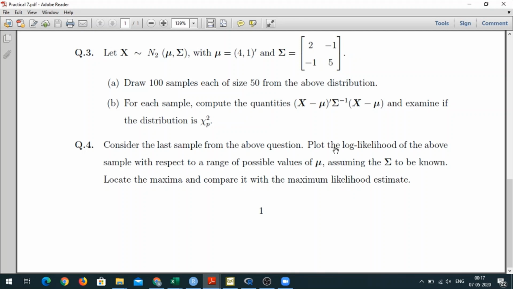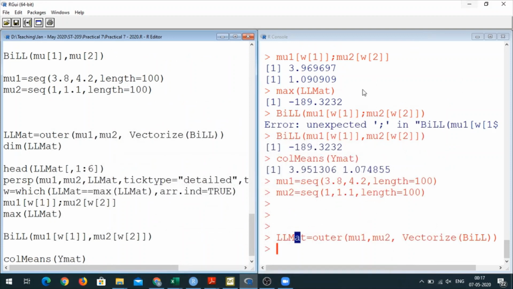I'm sending you the commands also, so you can have the commands with you. If you get internet connectivity, try to see the help of the new commands. For example, try to see help of outer. See a couple of examples which are already worked out somewhere. Same story with persp. Try to read what the arguments of persp are, what they can do, and so on.